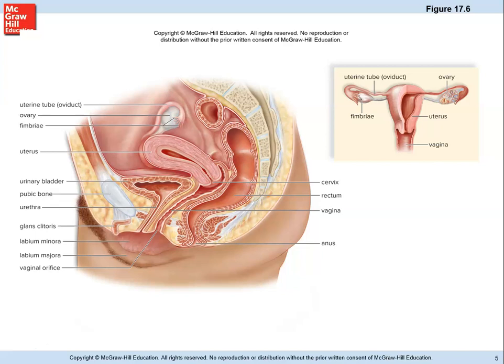That egg is going to travel down the fallopian tube, assuming it got sucked in like it should have, until it reaches the ovary or the uterus. And that trip is going to take somewhere around 5 to 6 days from ovulation until it enters the uterus.